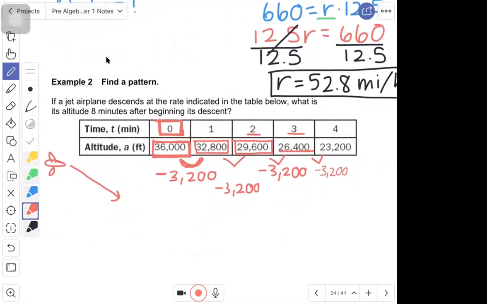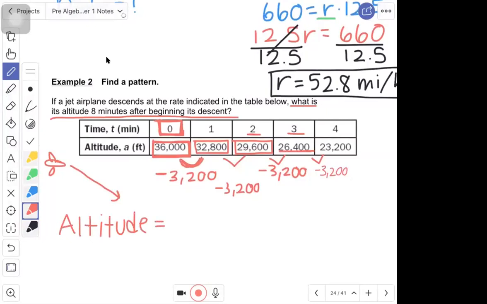So let's think about this verbally. They're giving us our altitude, time, and our distance. So we want to figure out, they're asking us, what is the altitude 8 minutes after beginning its descent? So we want to find what our altitude is.